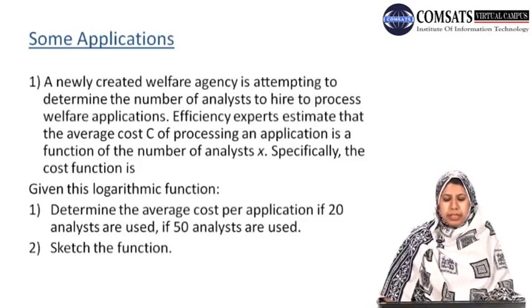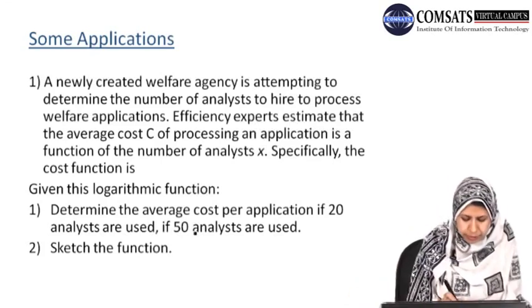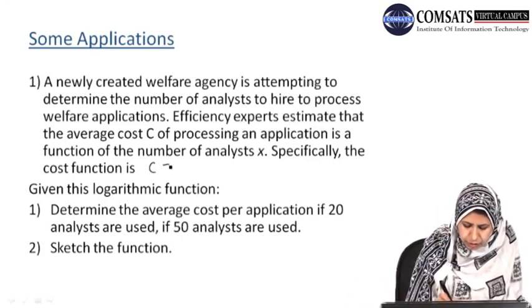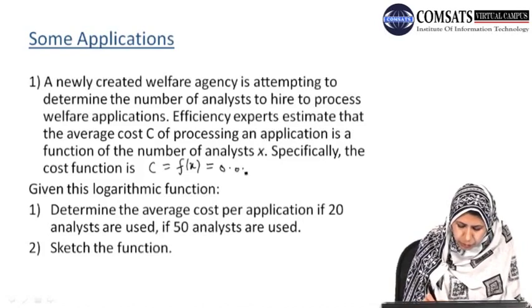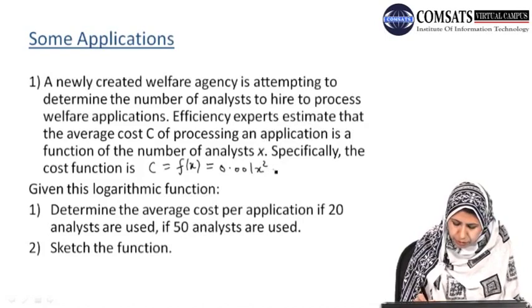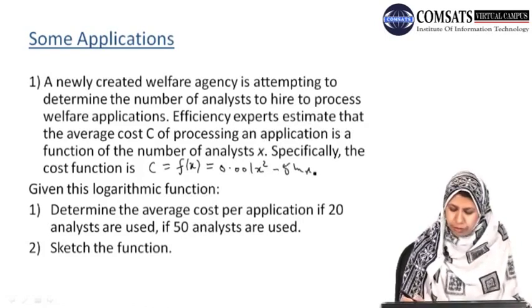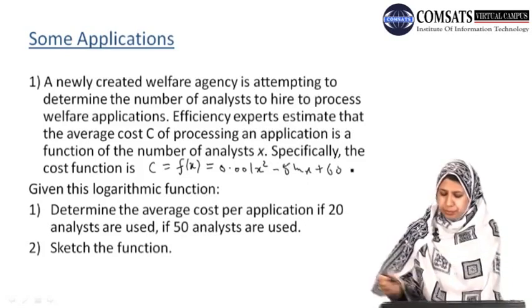Efficiency experts estimate that the average cost C of processing an application is a function of the number of analysts x. Specifically, the cost function C(x), where x is the number of analysts, is given as 0.001x² minus 5 log x plus 60.